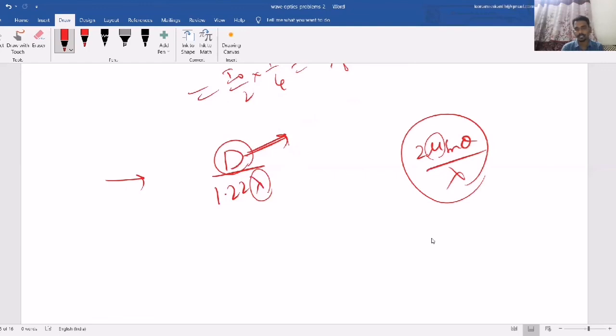Suppose this is the object; now the angle made by the object at the objective lens is this angle, and lambda is the wavelength. Mu sin theta is also called the numerical aperture.